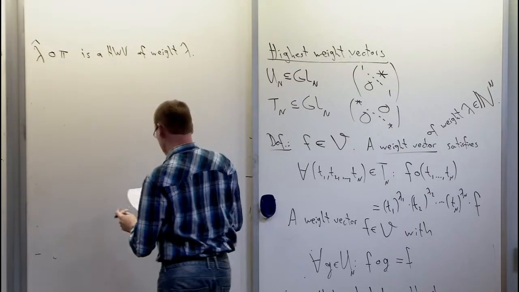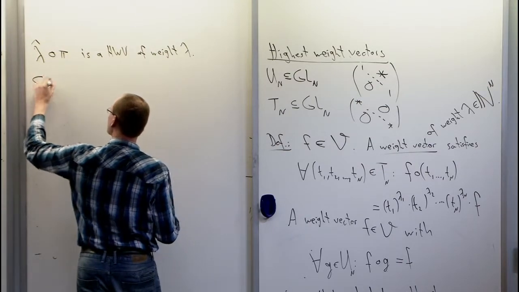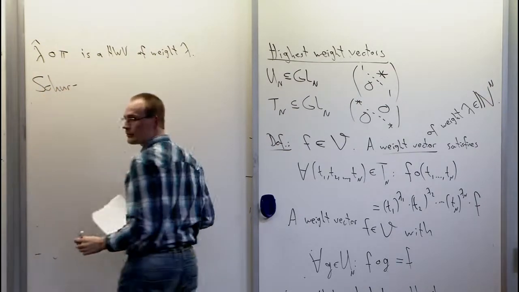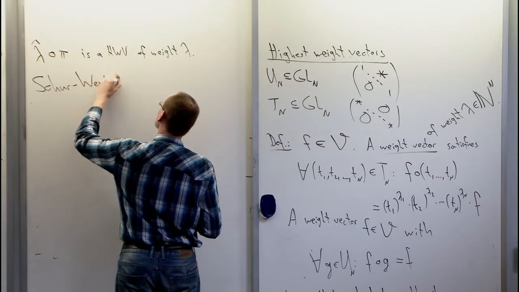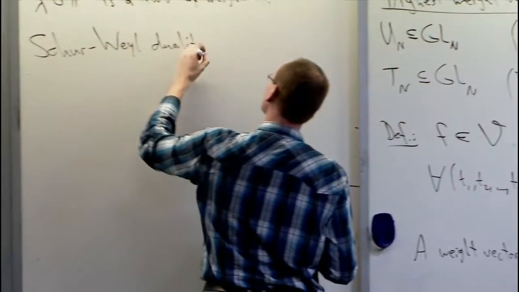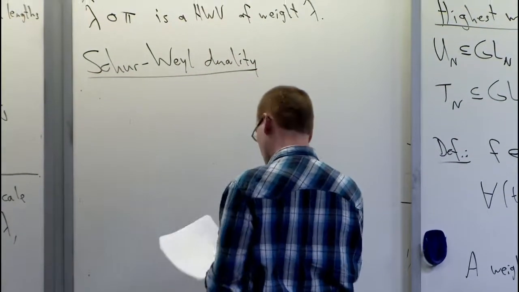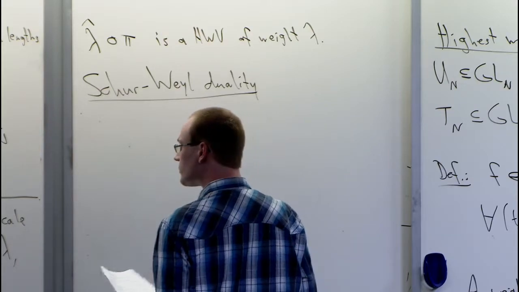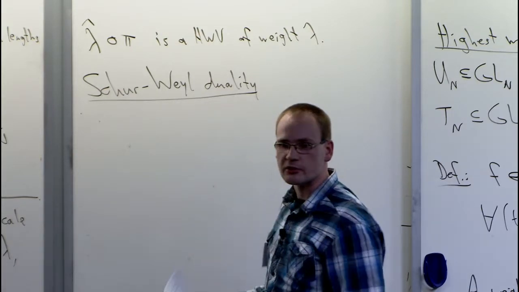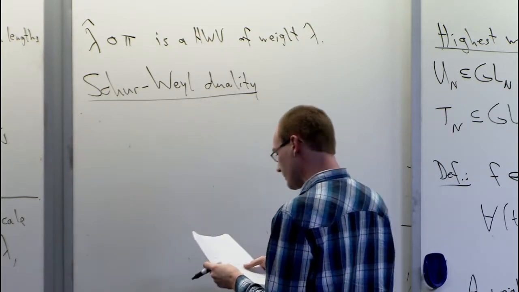And well, the next section tells you that these are actually all the highest weight vectors. There are no more highest weight vectors. And this is called Schur-Weyl duality. Tells you that this is actually an exhaustive list of highest weight vectors if you take into account linear combinations of them. Well, linear combinations is of course allowed.